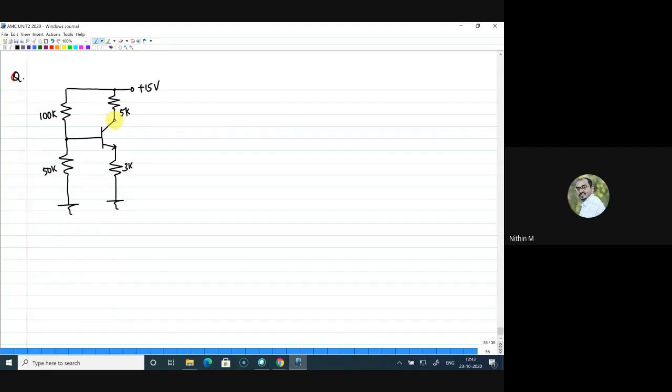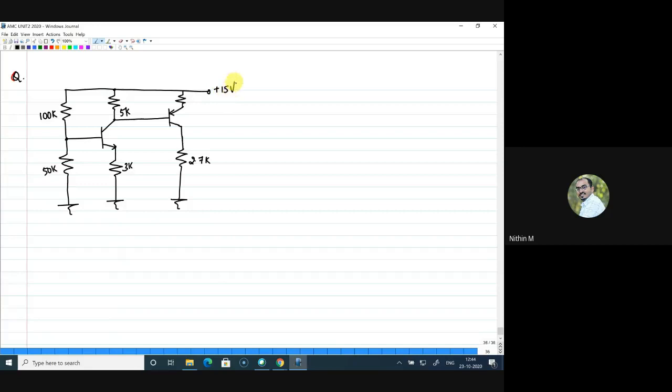I am just doing one more addition here. From here, it is connected to a PNP transistor, where the collector of the PNP is connected to ground through a resistance of 2.7K, and the emitter is connected to the same 15 volts through a resistance here.